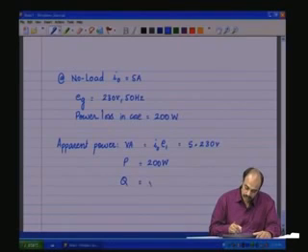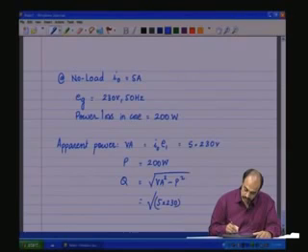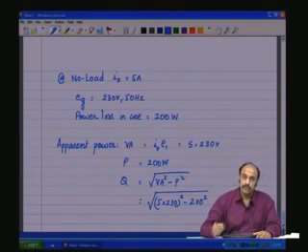Q is root of VA square minus P square, which will be root of (5 into 230) square minus 200 square. So we have the Q.